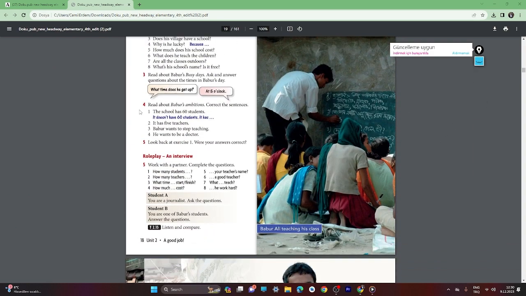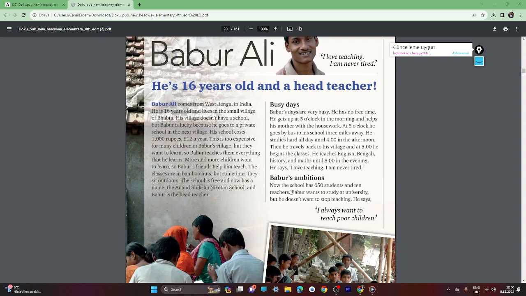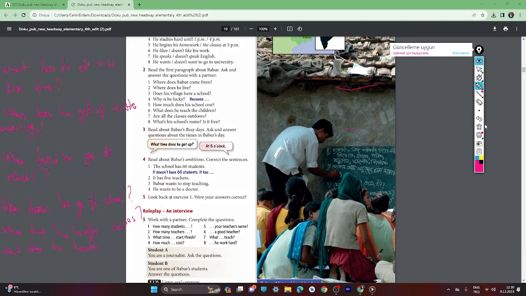Okay. So let's go to the fourth practice. Read about Babur's ambitions, correct the sentences. Ambitions is easy. Now the school has 650 students and 10 teachers. Babur wants to study at university. This is his ambition, but he doesn't want to stop teaching, he says. Okay, let's do it. So the school has 60 students. No, it doesn't have 60 students. It has 650 students. Okay.